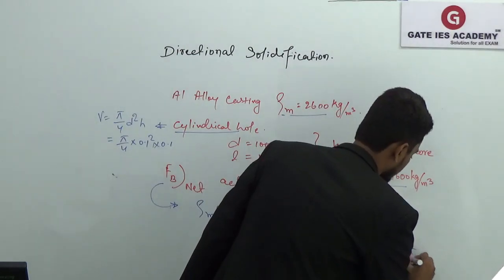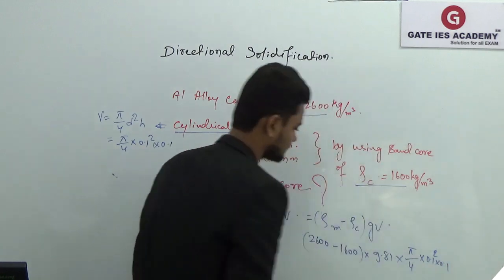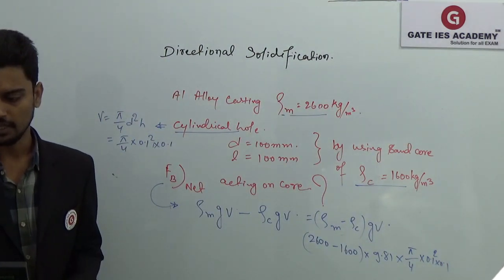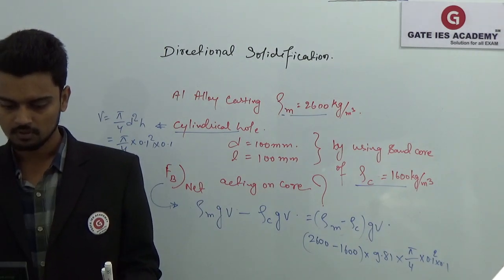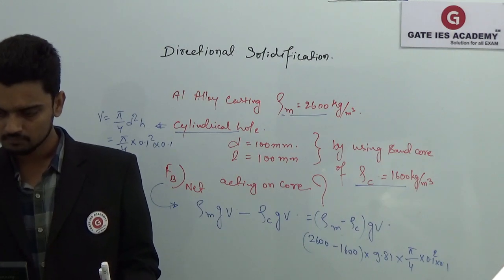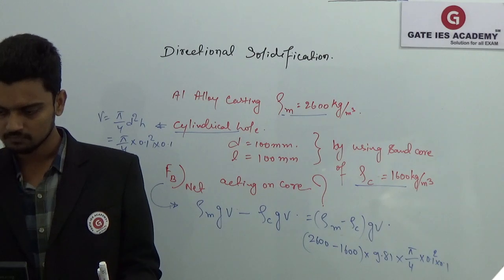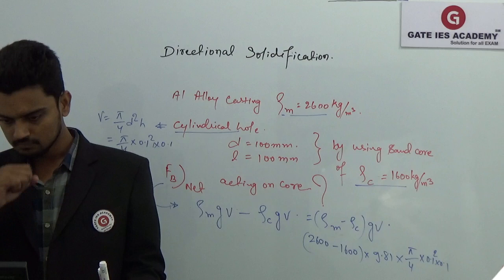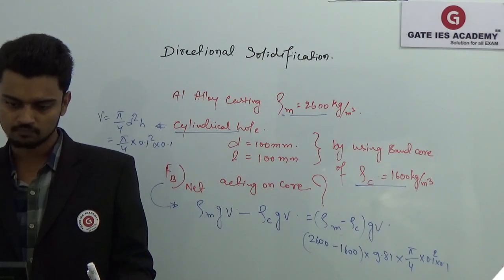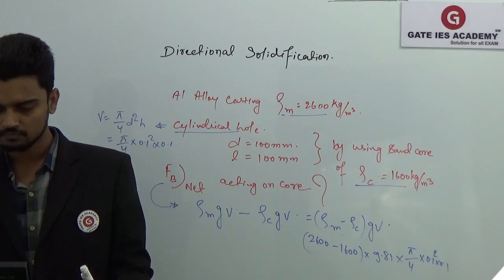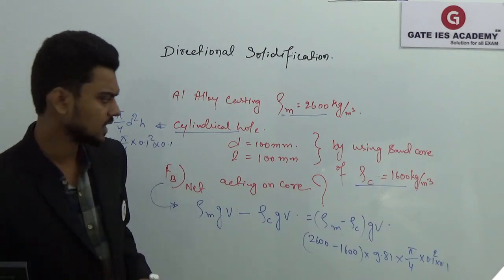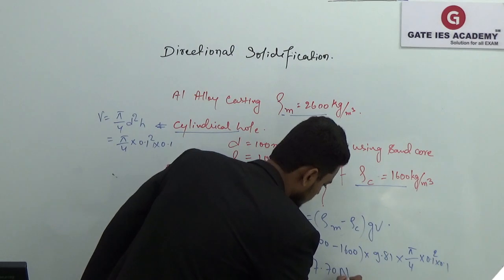Just put that value, pi by 4 into 0.1 square into 0.1, and you'll get 7.70 Newton.